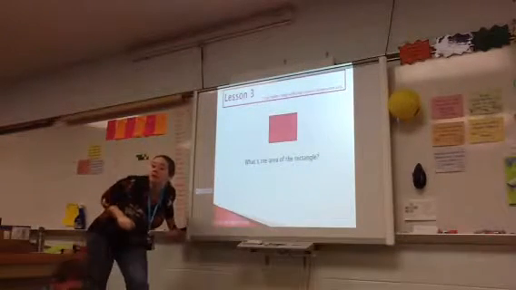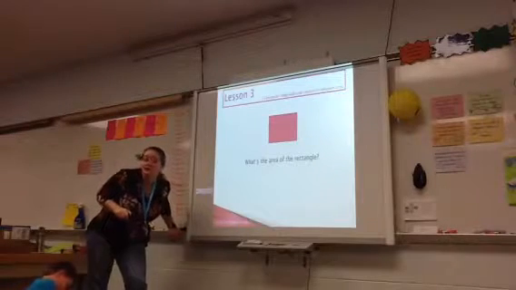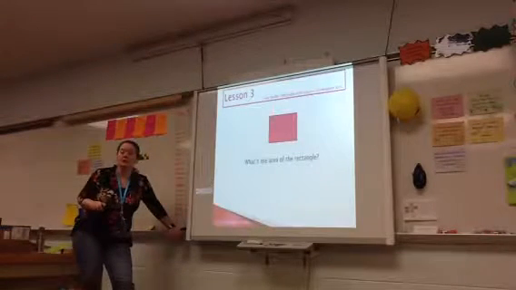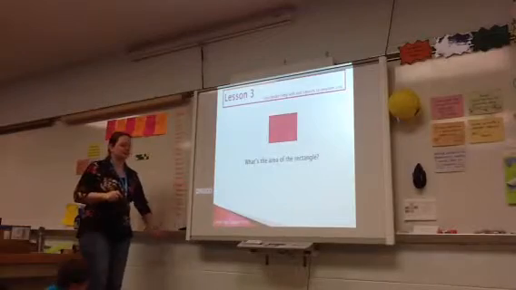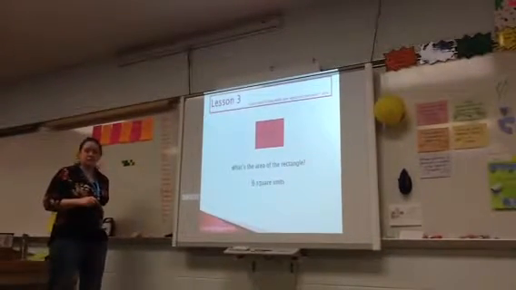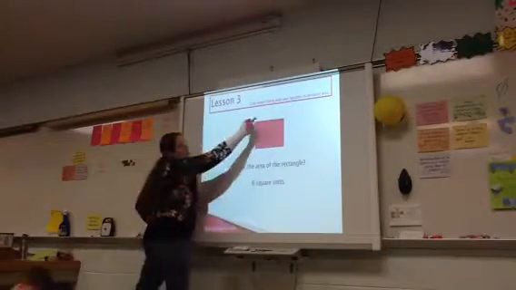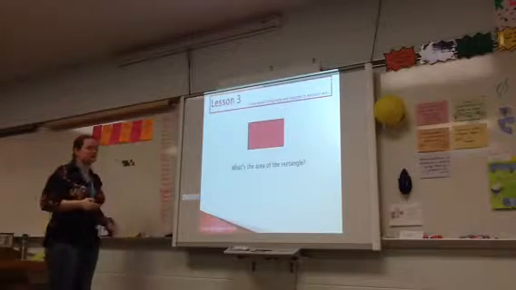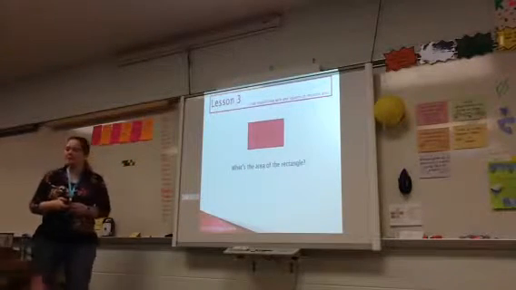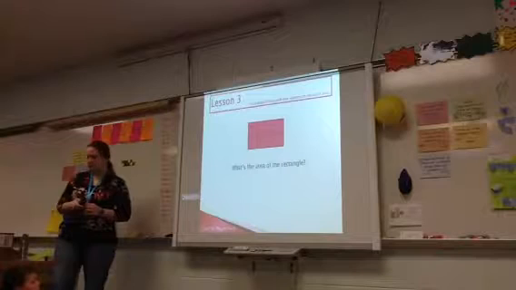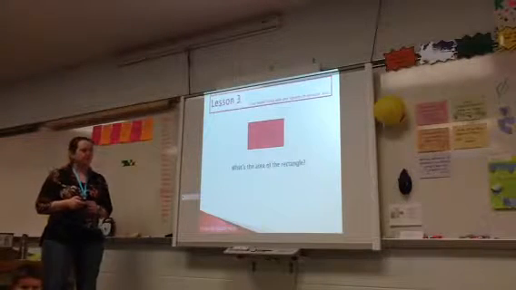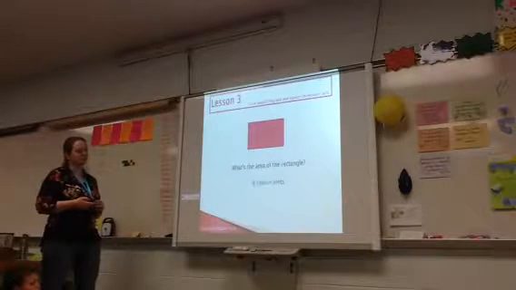I think 6. 6 what? Square units. 6 square units. Right? Because it's 3 across the top, and 3 times 2 is 6. What about this one? Addison. 8 square units, because 2 times 4 is 8.